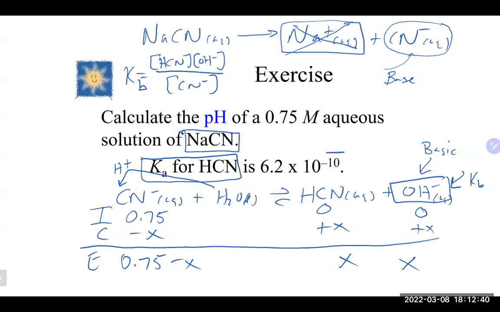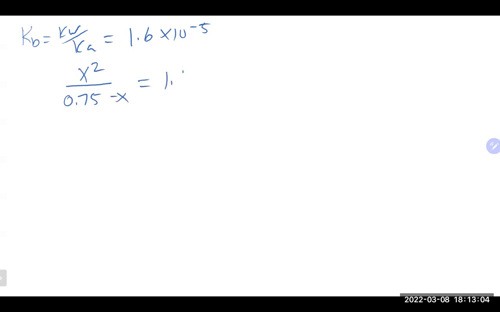If we do that, we end up using our Kb is Kw divided by Ka. Looks like 1.6 times 10 to the minus 5 will be our Kb value here. That means that we had x squared divided by 0.75 minus x is 1.6 times 10 to the minus 5.